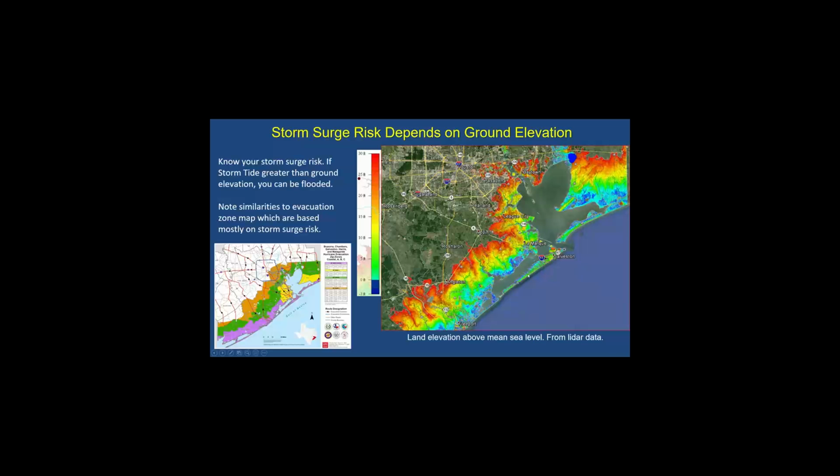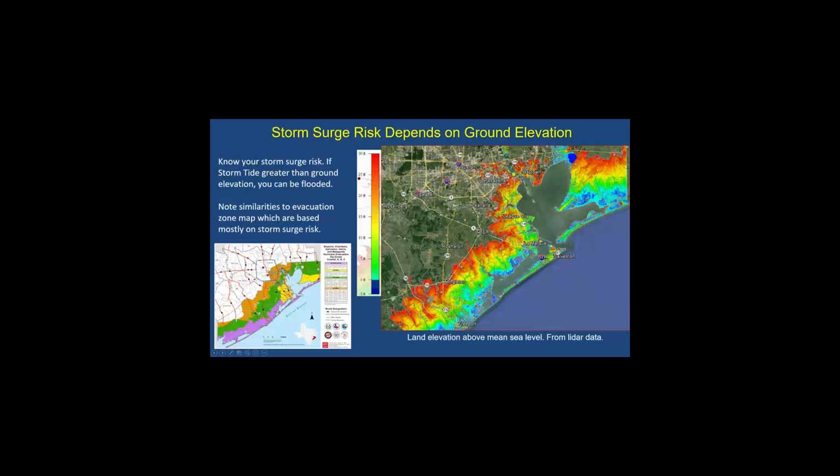So take a look at Galveston here. Galveston is highest on the seawall side, lowest on the bay side. And you can see some of these blue areas are less than 5 feet above sea level on the bay side. And then places like San Leon, Seabrook, Shore Acres, even parts of Tiki Island and so on, and then down the coast, you can see the lower areas.